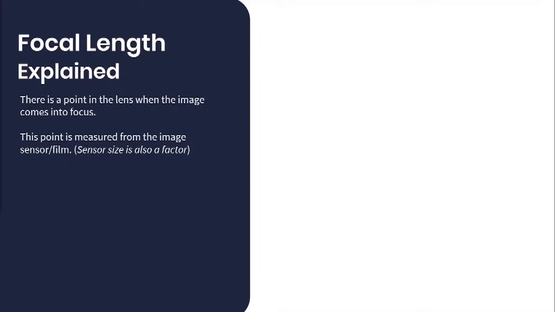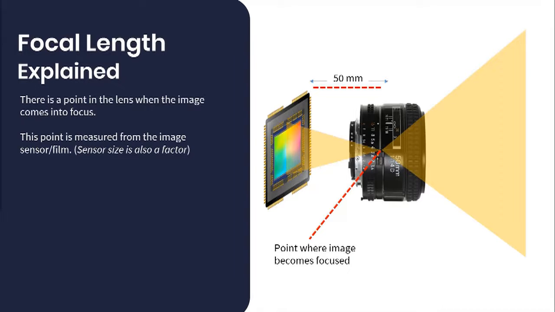As I mentioned, sensor size is also a factor, but let's just imagine we're using a standard sensor, which is our 35 millimeter sensor. And if we have a look at it visually, I've got a 50 millimeter lens here. And the point in that 50 millimeter lens where the image becomes focused, where it becomes sharp and measured to this image sensor, that area is 50 millimeters.